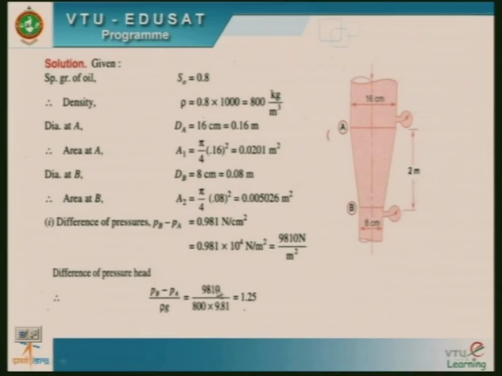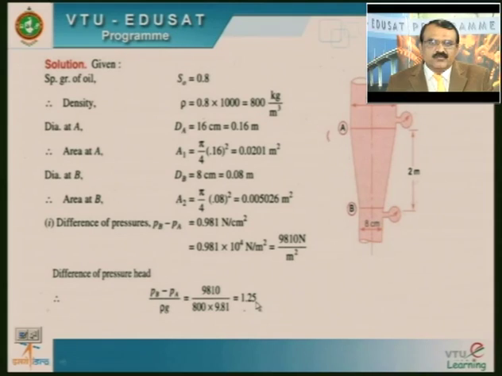So, this is 9810, the given value converted from Newton per centimeter square into Newton per meter square, divided by the mass density which you calculated at the beginning, 800, into acceleration due to gravity 9.81. If you simplify this, you are going to get the value of H equal to 1.25 meters. I hope all these steps are clear.